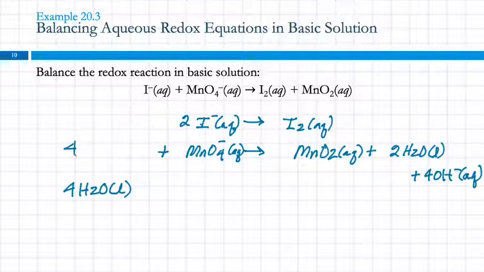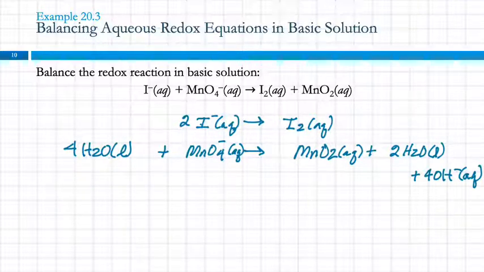So I can go through and check, and I've got the same number of hydrogens and oxygens on both sides. It's kind of a mess though.